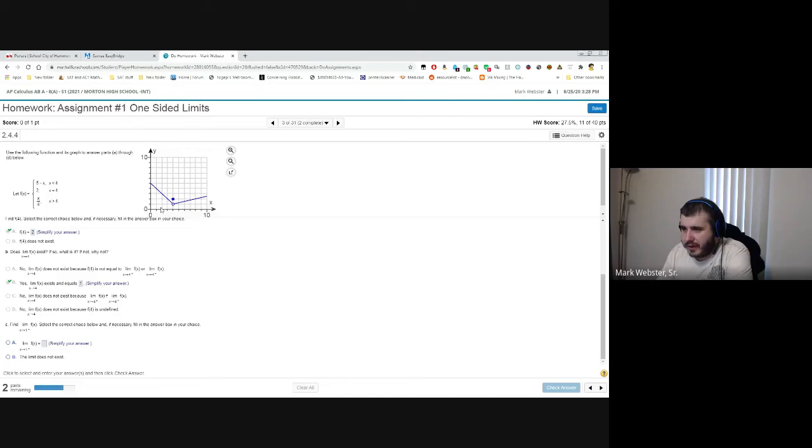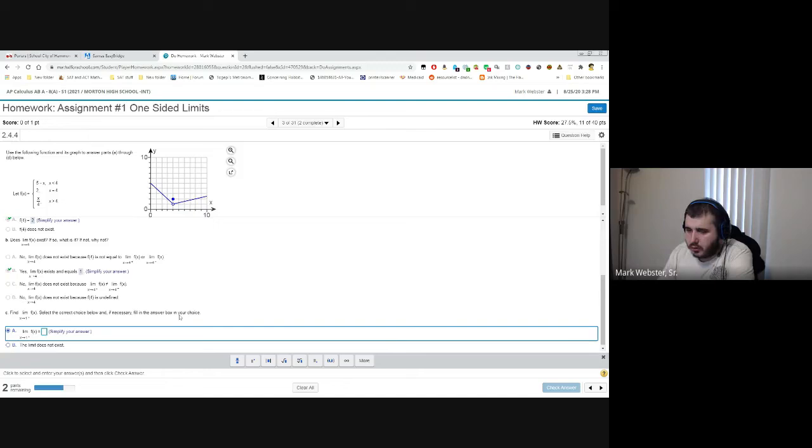And now we can look at this one. They're asking about a different one. They're asking about as we go to 1 from the right. And that gives us 4. As you can see here, there's not a lot of work to be done.